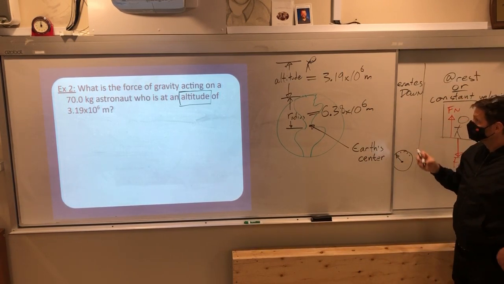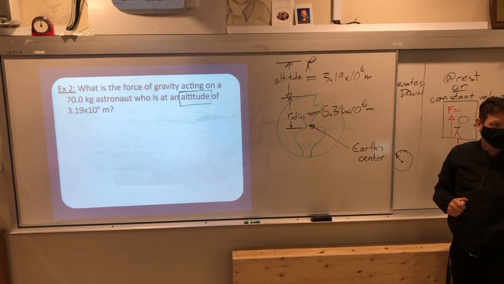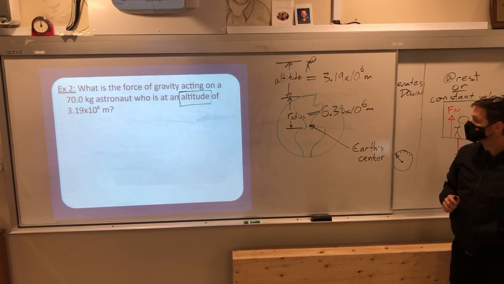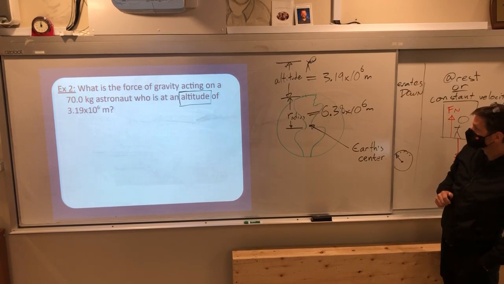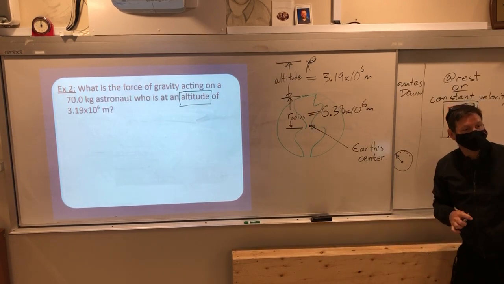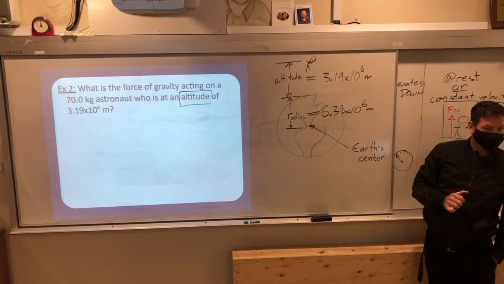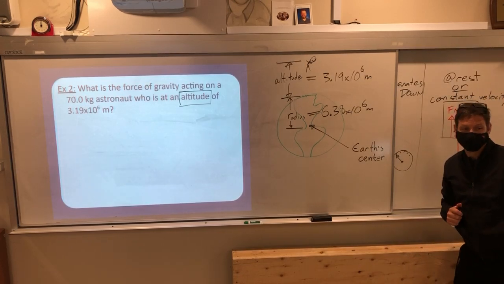Oh, so it's just like half the radius. Oh, it's exactly half. Is it? It's not, with exponents and stuff. You're right, Sam. You're right. You gotta add them together.